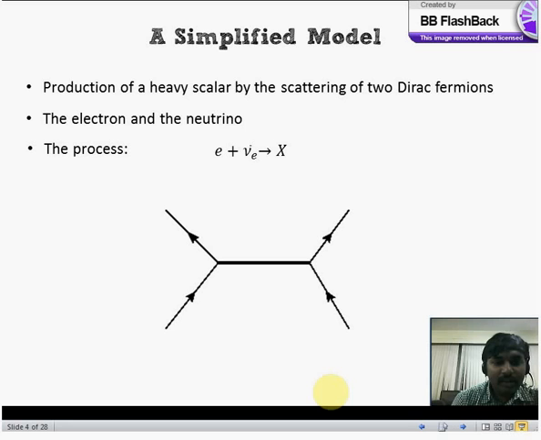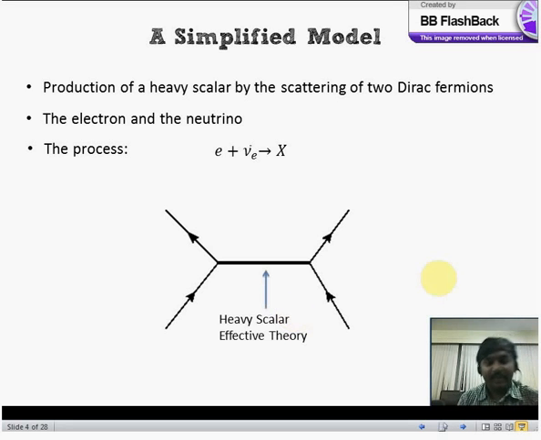Here is a representation as the Feynman diagram of the process, where the thick line in the middle is the heavy scalar x, and that is given by the heavy scalar effective theory. So we'll have a Lagrangian for the heavy scalar effective theory.